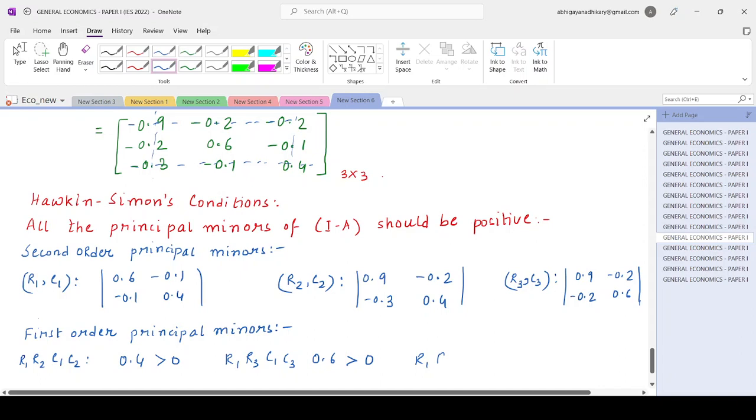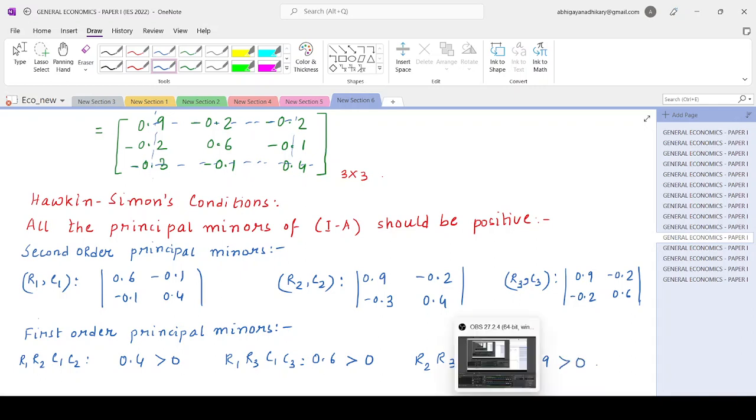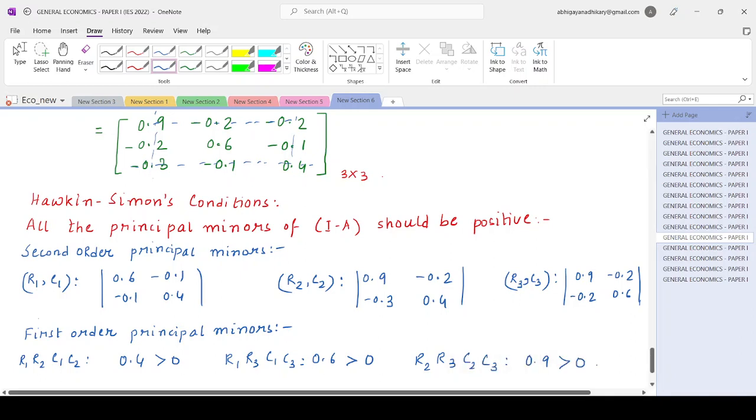And similarly you take row 2 and row 3, column 2 and column 3. That gives us 0.9, which is positive. Okay.